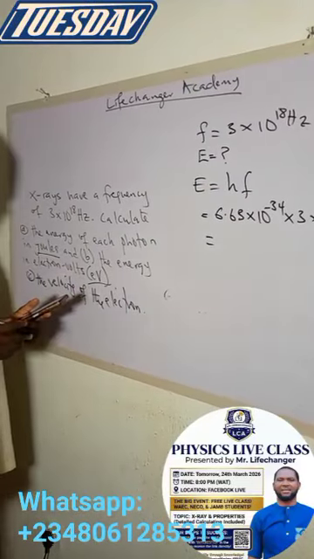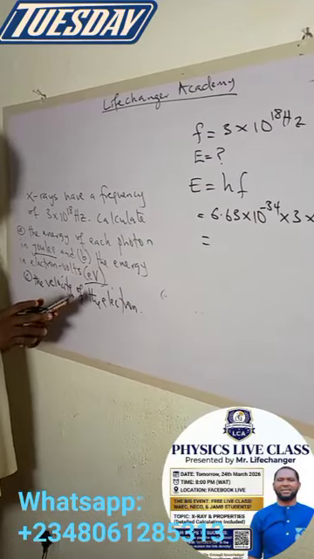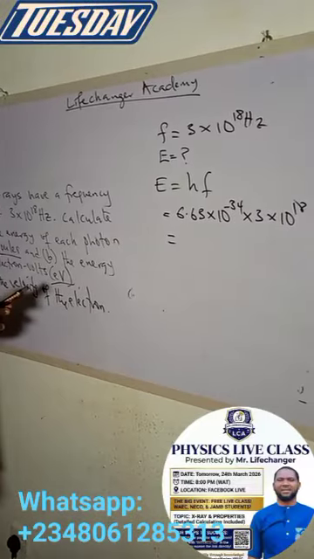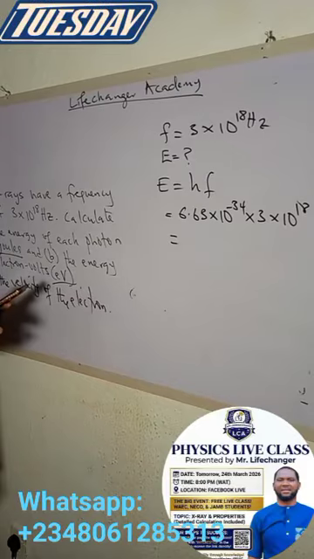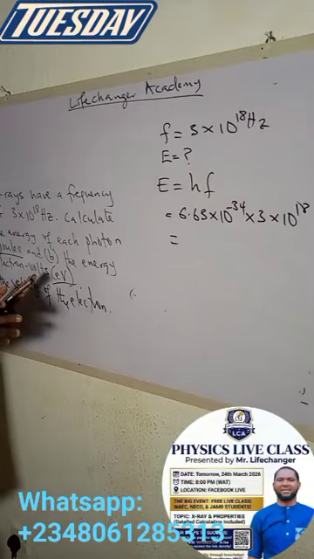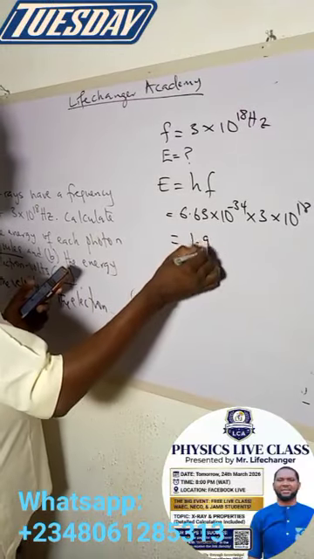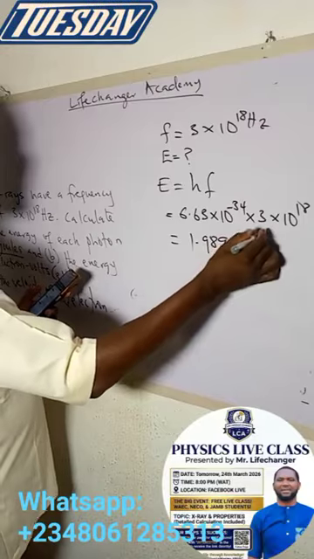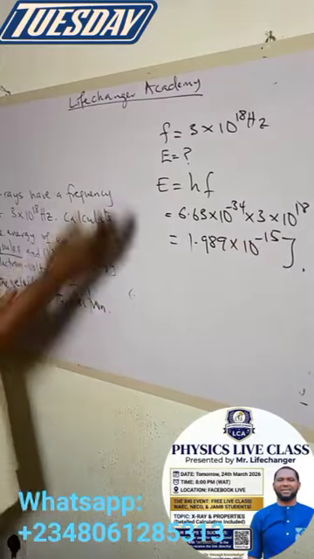And that would give us the answer. If I use my calculator, my answer here is 1.989 times 10 to the power -15 joules. So this is the energy of the photon.